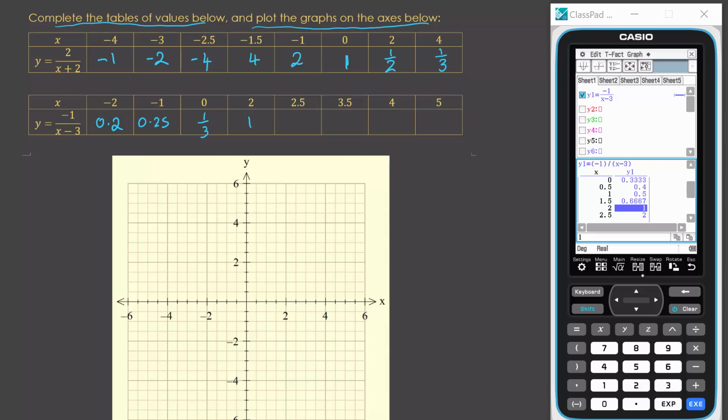That's 1. Then I want 2.5, which is 2. 3.5, which is -2. I want the value at 4, which is -1, and I want it at 5, which is -0.5.